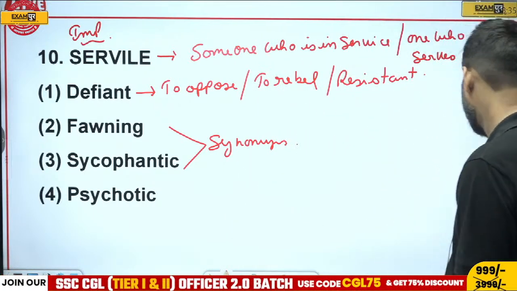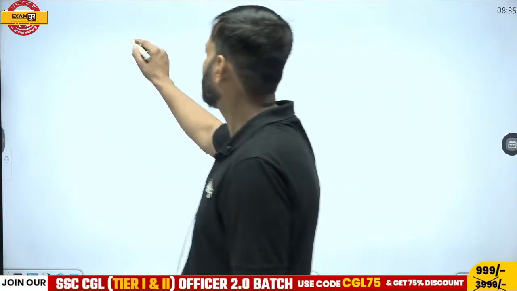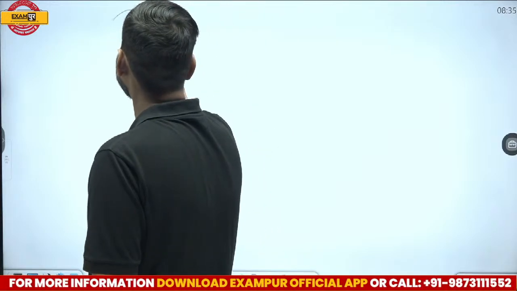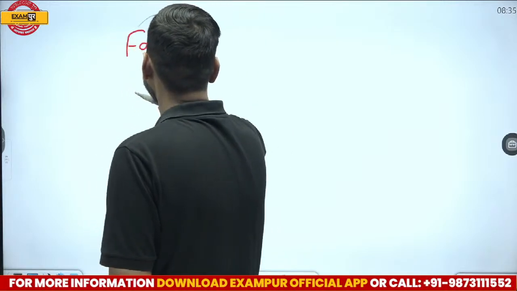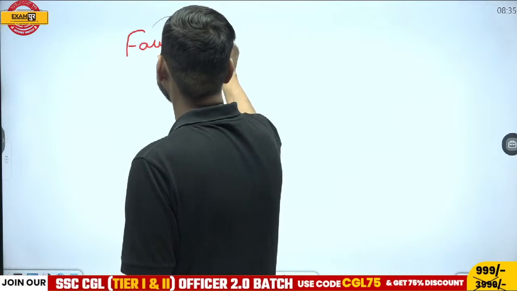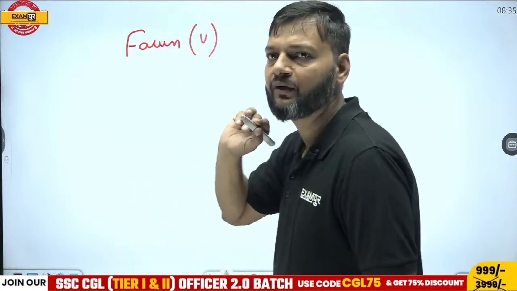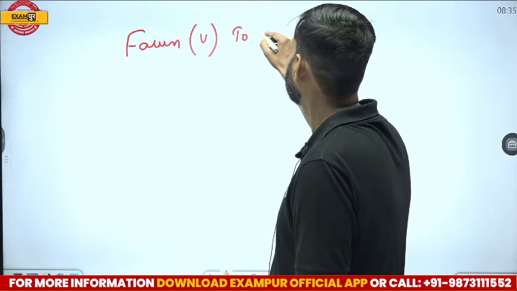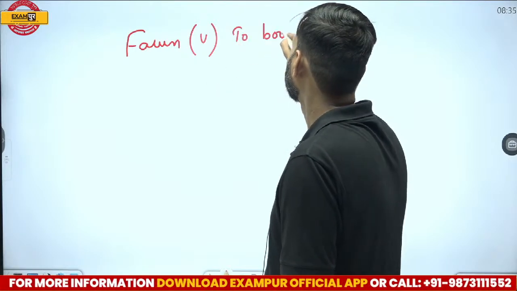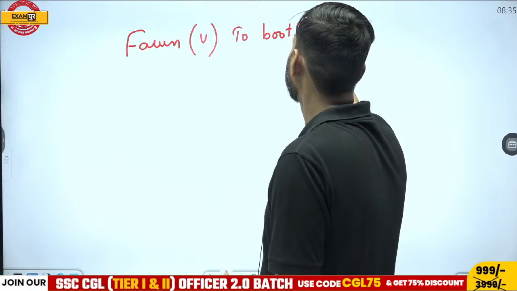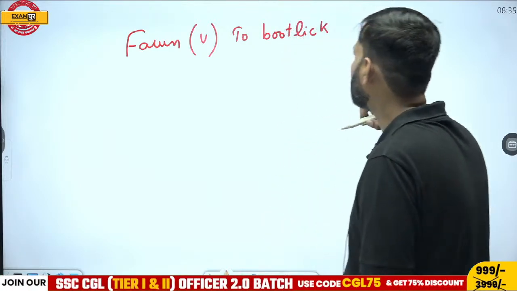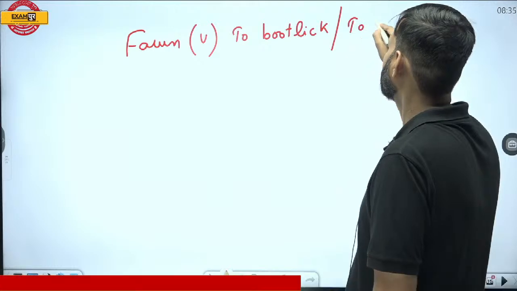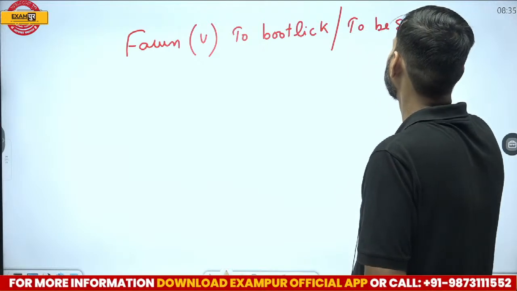See, fawn. Fawn is a verb which means to bootlick, or to be servile.